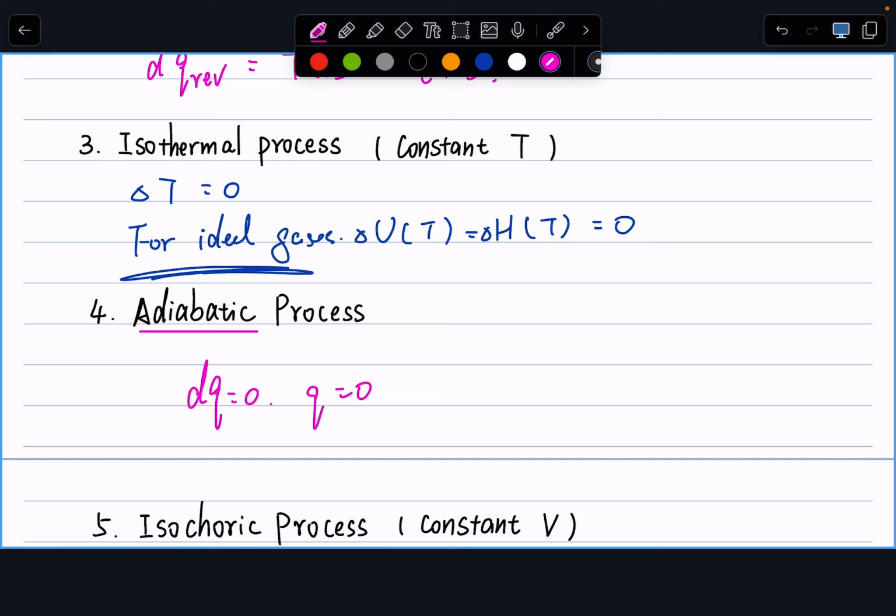Again, in thermodynamics we have a lot of terminologies like adiabatic, isothermal, isochoric, isobaric, etc. So get very familiar with these terms and know how to translate them into equations that can help you solve a problem.